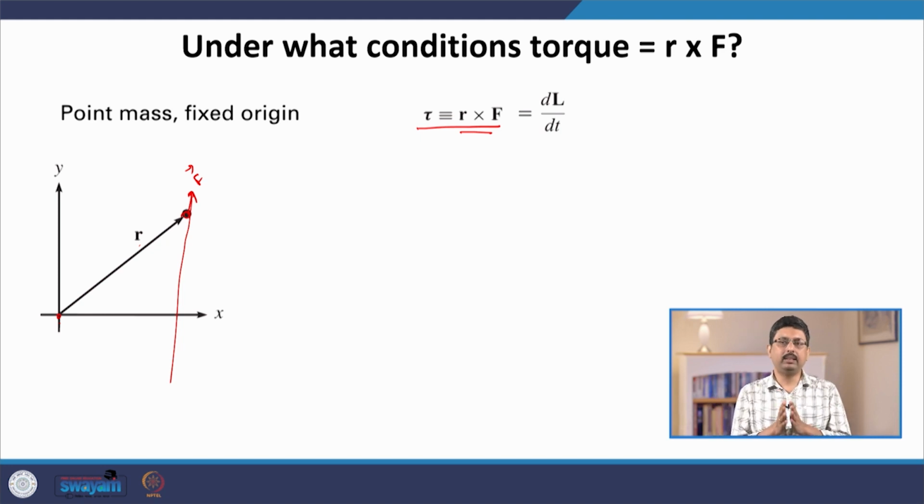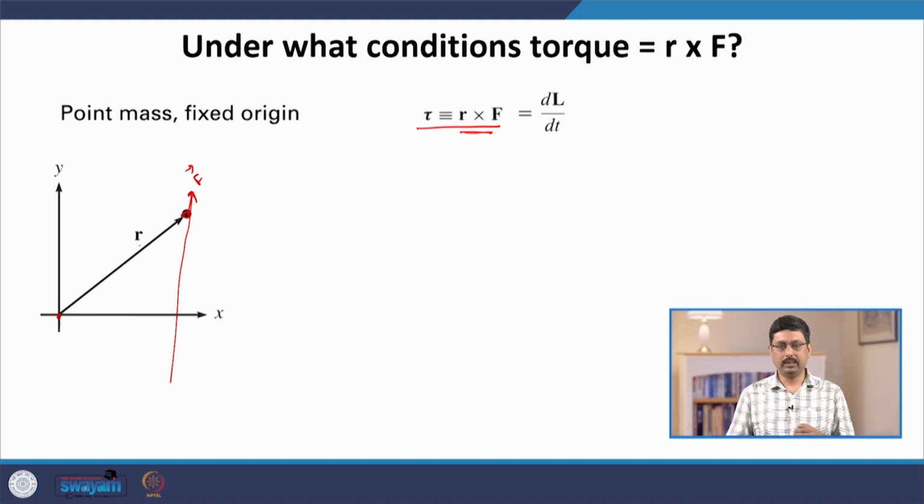Remember that we also used this relation implicitly when we talked about statics problems, when the objects are motionless, and we used the torque balance condition as one of the essential criteria for statics or mechanical equilibrium. In that case, we always use this definition, that tau is r cross F.